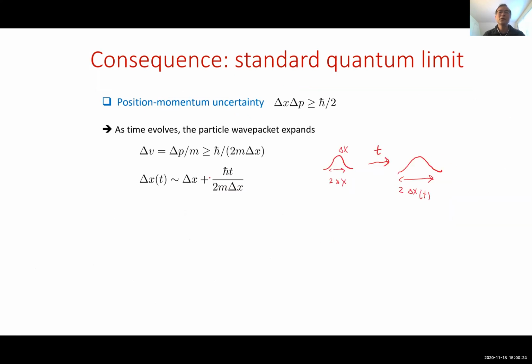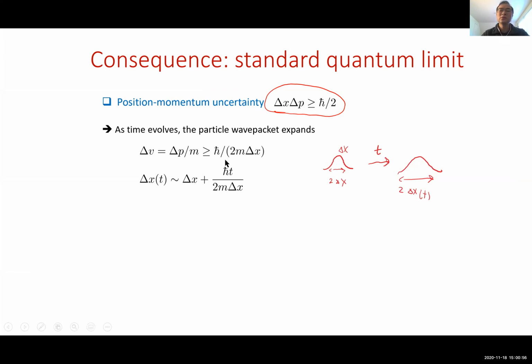Okay, we can look at one consequence. So let's take these position and momentum uncertainties, right? We're going to see that when time evolves, the wave packet would expand. As I already indicated here, suppose I have a wave packet and I let the system evolve, and I expect that this would expand.